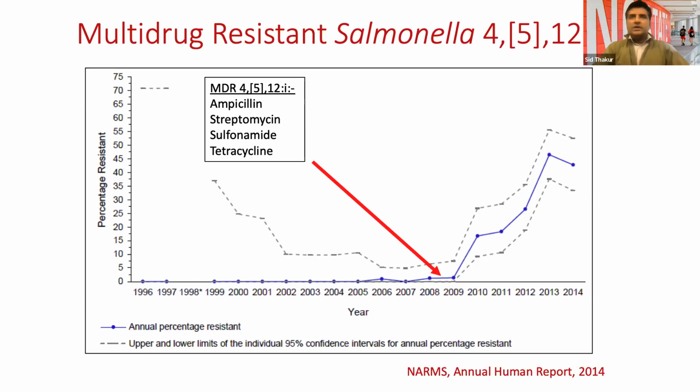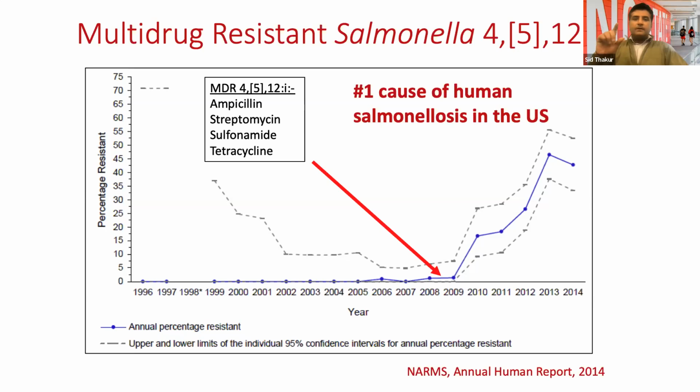So I can see about 2007, 2008, hardly were we able to find it. And something happened in 2008 and 9, it became resistant to 4 antimicrobials, right? The moment it picked up that resistant gene, it just shot up. And you can see after 2009, right now, it is actually the number one cause of human salmonellosis in the US.